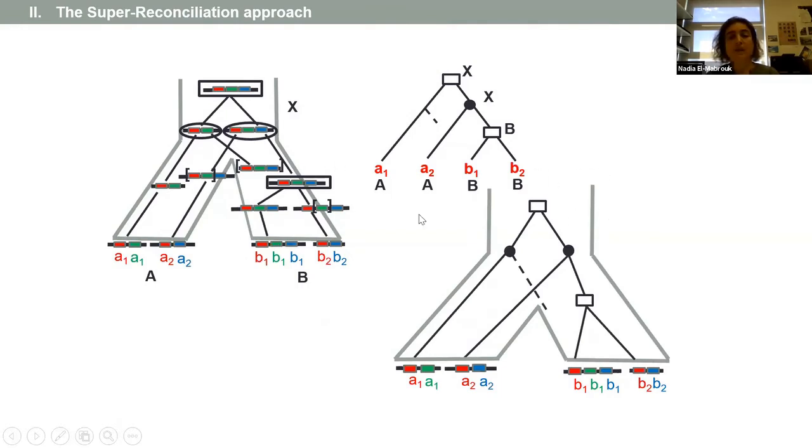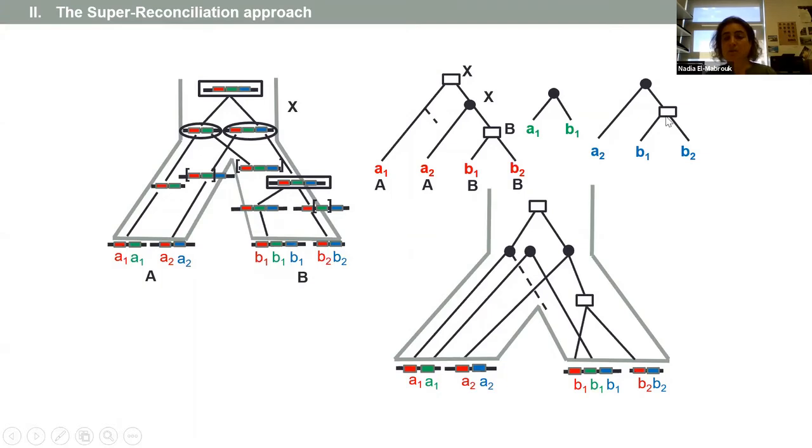And then we have also a green gene family, with this gene tree that we can place here, and the gene tree for the blue gene family that we can place here. If we take each gene family independently, we end up with this evolutionary history, which is different from the actual evolutionary history, as here we account for single gene duplications and losses, while we have here segmental duplications and losses.